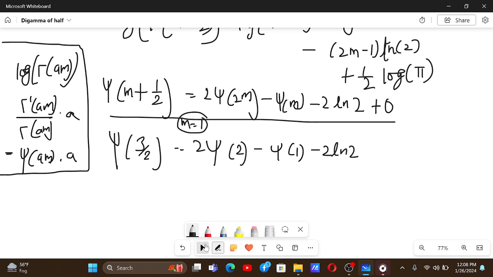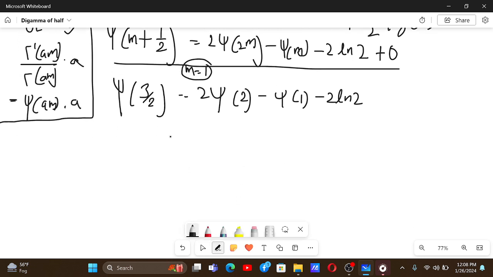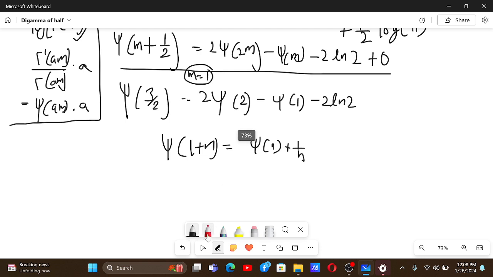Now over here you need to know a formula, the basic property of the digamma function, that digamma of 1 plus n is digamma of n plus 1 by n. This formula is also a basic fundamental thing for understanding this identity: digamma of 1 plus n is equal to minus the Euler-Mascheroni constant plus h of n.